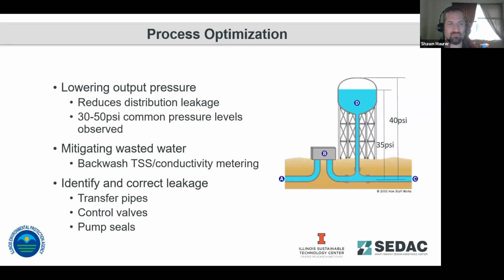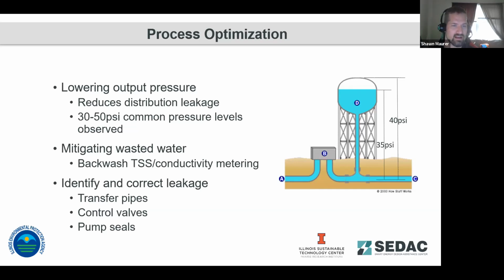So what we look at a lot for backwash control is total suspended solids or conductivity metering that triggers backwash. Backwash starts are usually triggered on a flow basis or differential pressure across that filter, but then turning it back off is usually a fixed time.